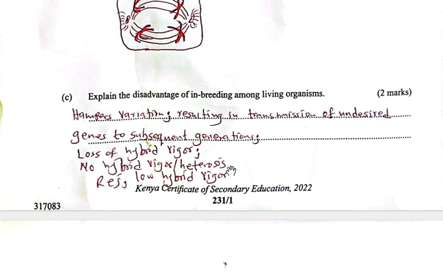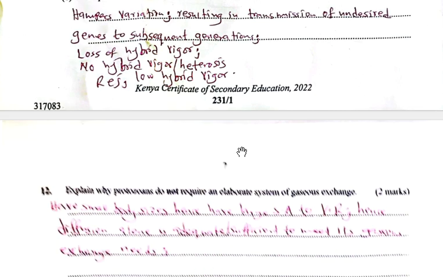Results in a transmission of undesired traits or genes to subsequent generations, and this leads to loss of hybrid vigor, or in other terms, you can say there is no heterosis, that is the exchange of genes.